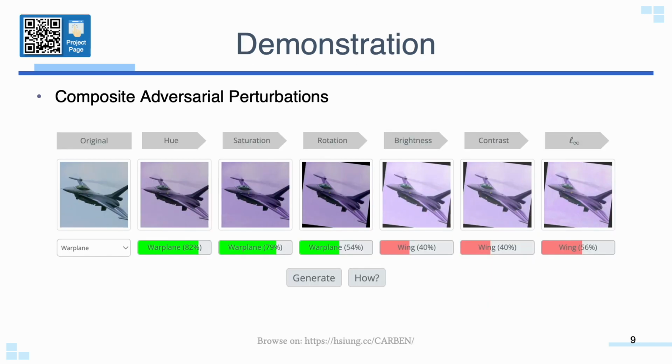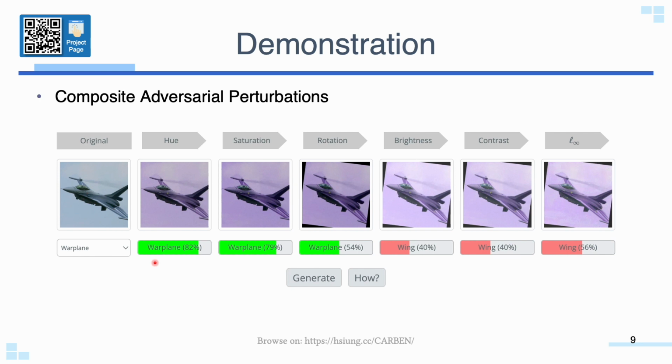This is an example showing how the attack order affects the attack success rate. The image below the perturbation block contains all perturbations before it. For example, the first image only contains a hue perturbation, but the last image contains all the perturbations before it, including hue, saturation, rotation, brightness, contrast, and L-infinity perturbations.